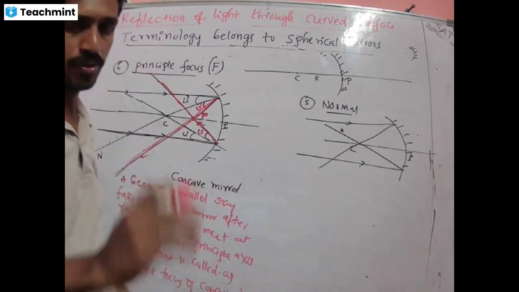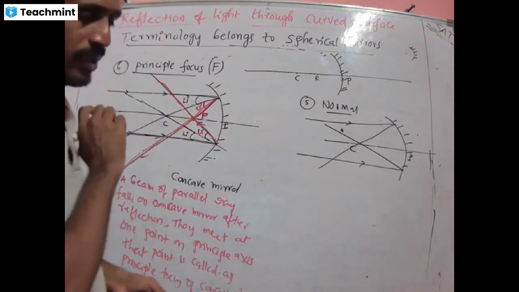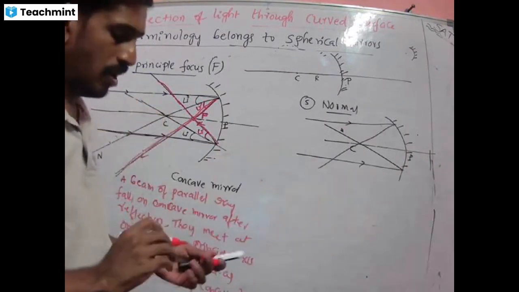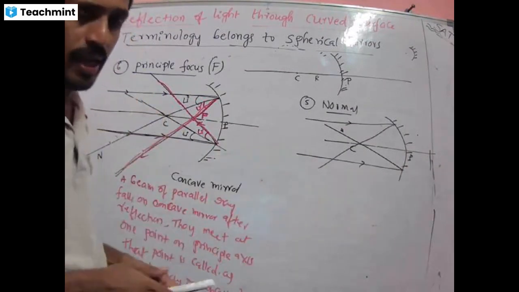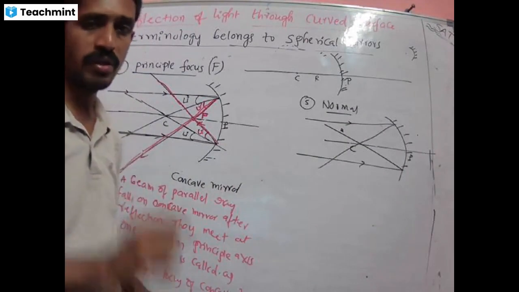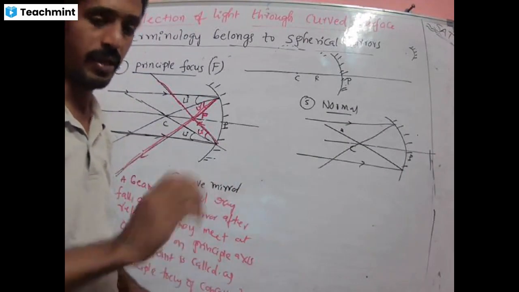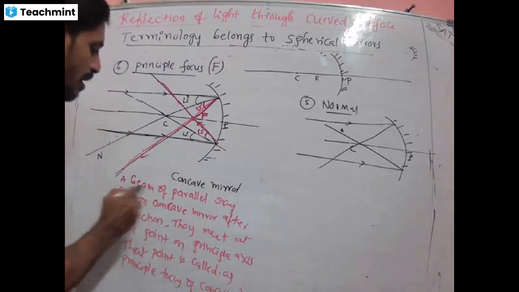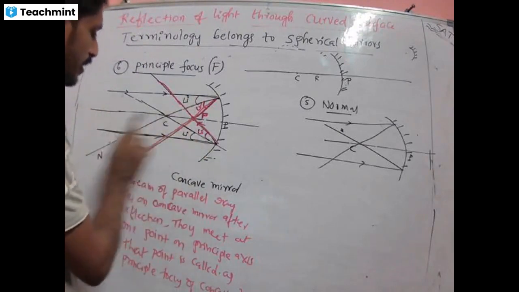She may ask a 4 marks question here: draw the ray diagram of a concave mirror and also define the principal focus of a concave mirror. Simply, take a parallel beam of rays here.